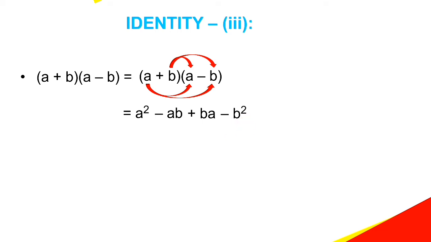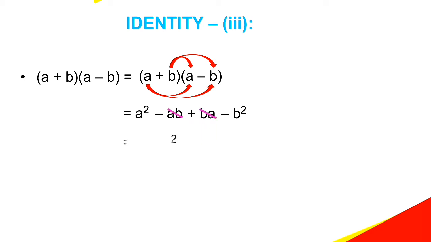Here we can see minus AB plus BA. According to the commutative property, AB is equal to BA. The order is different, right? But we can say AB is equal to BA. Both are the same. So minus AB and plus BA are going to get cancelled, right?